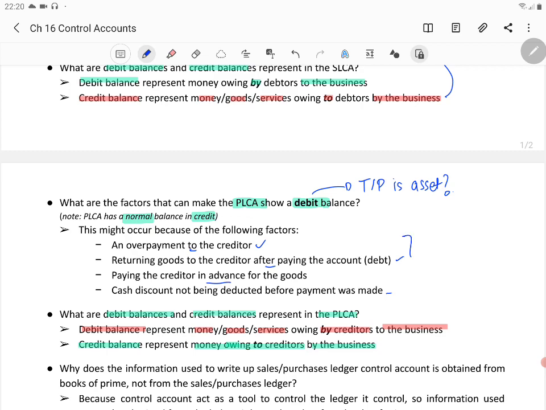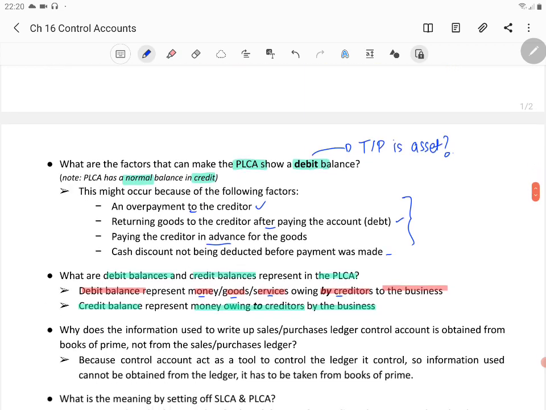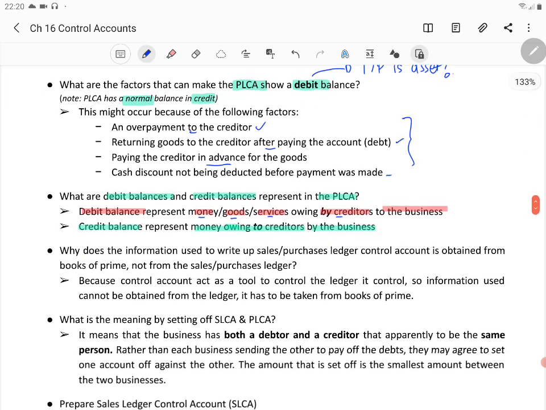Because instead of us owing money to TP, now TP owes money to us. It is an amount owing to the business by creditors, which can be in the form of money, goods, or services. Okay, now next.